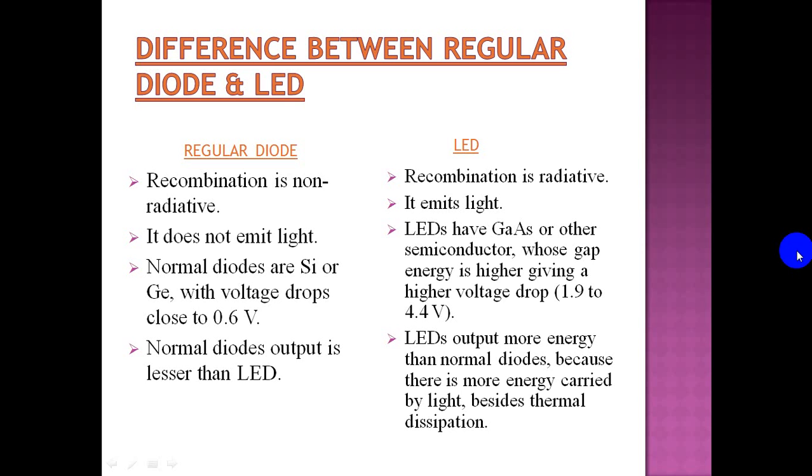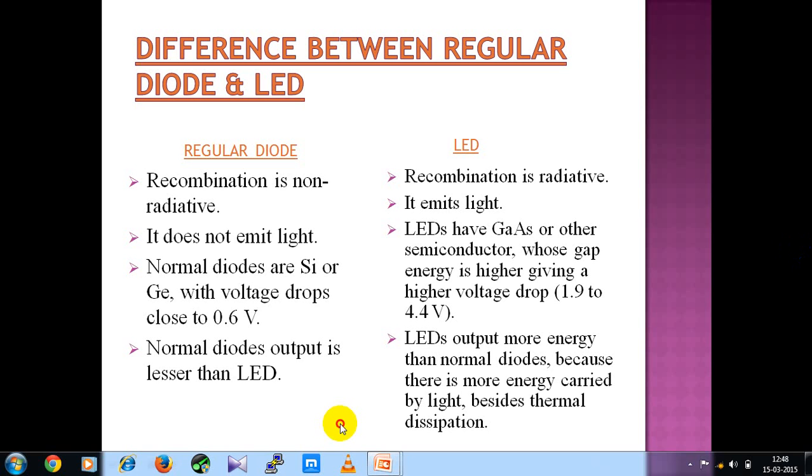LEDs have gallium arsenide or other semiconductor whose bandgap energy is higher, giving a higher voltage drop. Normal diodes output is lesser than LED. LED's output has more energy than normal diodes because there is more energy carried by light besides thermal dissipation.